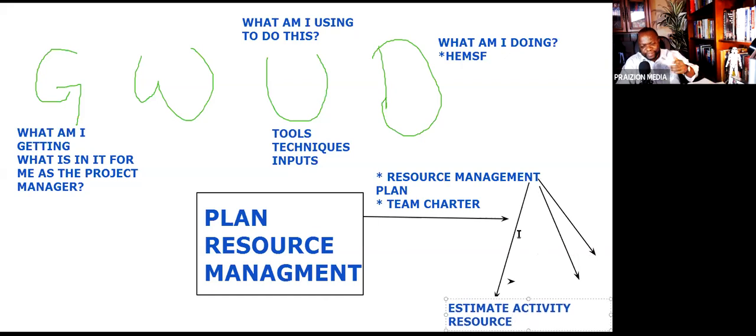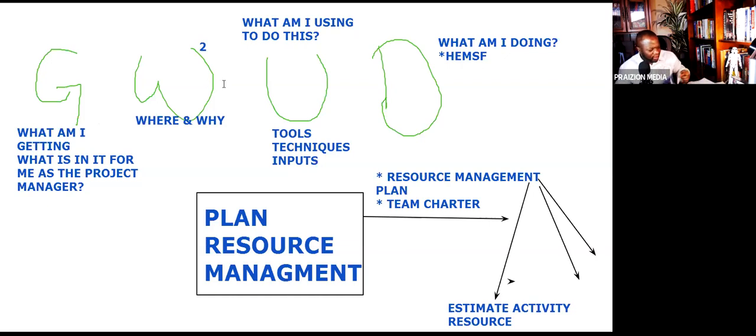And there are other places, but you need to ask the question, where is my output going and why? So where and why? And what I typically do, I put a squared on top of this because it's W squared. Where and why? Okay, so where is my resource management plan going? Oh, it's going to estimate activity resources.